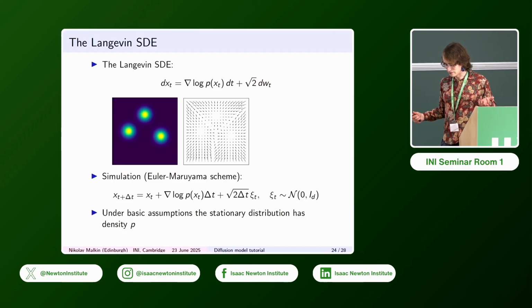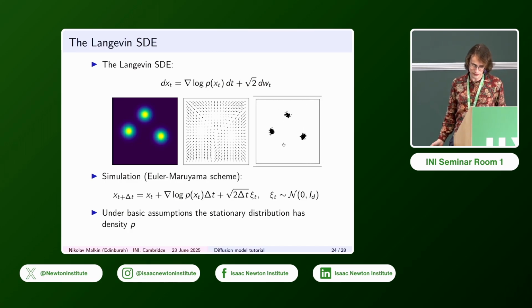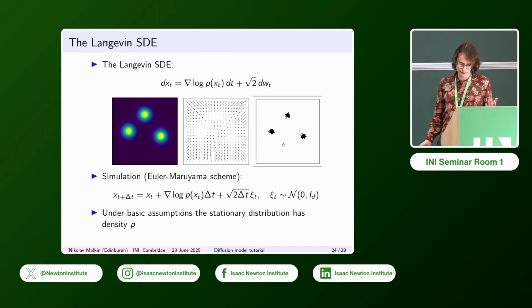If you have seen the theory of stochastic differential equations, then you know why, and if you have not, then the scaling is necessary so that when you take the limit delta t to 0, this thing behaves as you like. Under basic assumptions on these densities, running this in continuous time will give samples that approach in the limit the density p. So here, I run it, and very quickly, the samples become distributed with the target density.